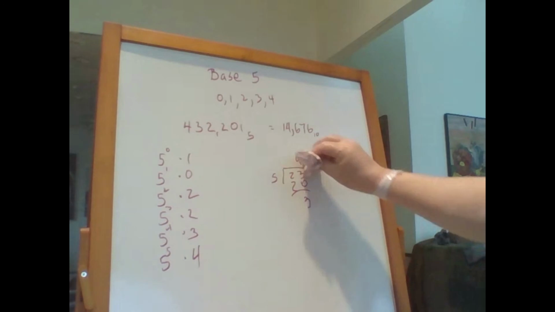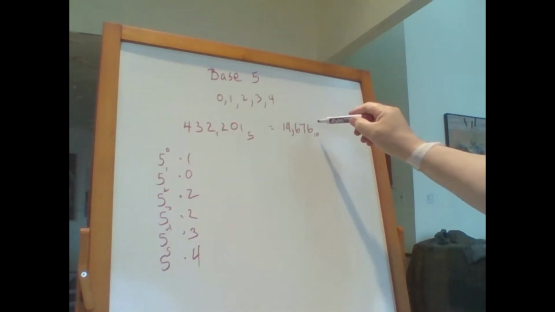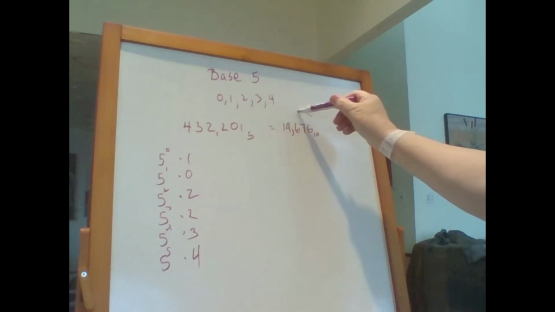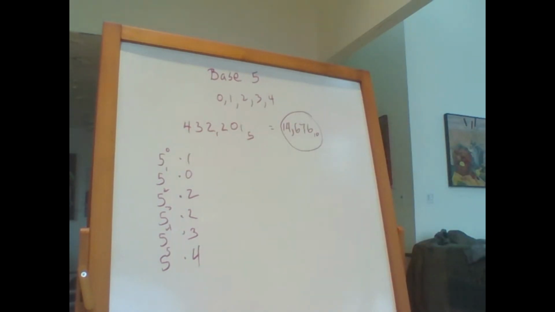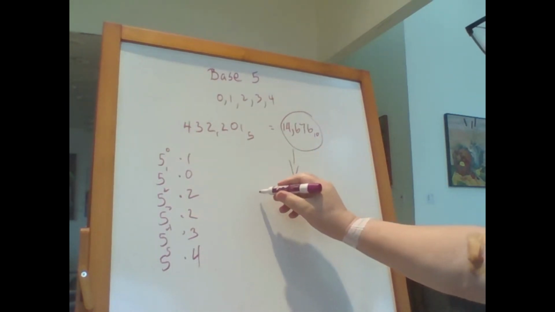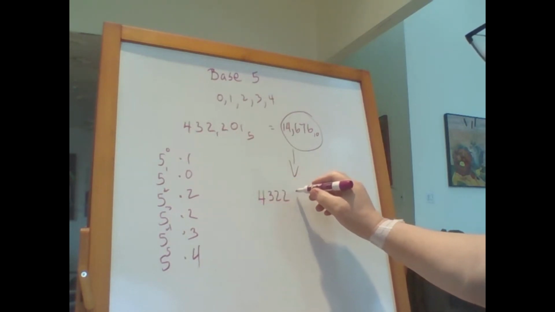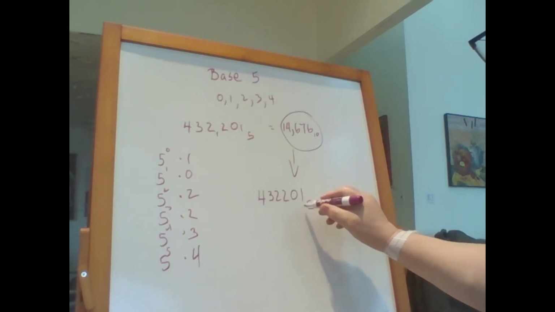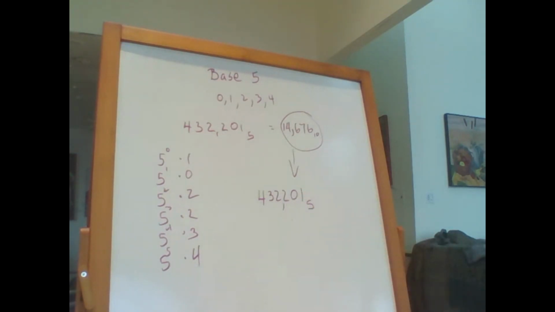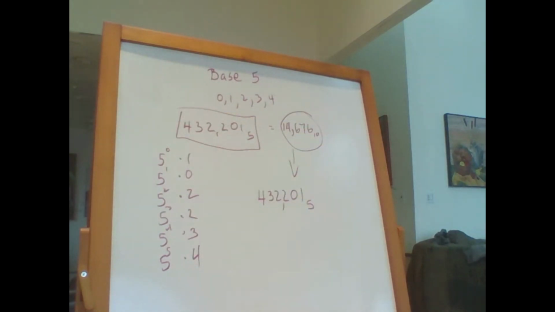So we've taken our number, 14,676 in base 10, and we've found its equivalent is 43221 base 5. And you can see that's what we had started with.